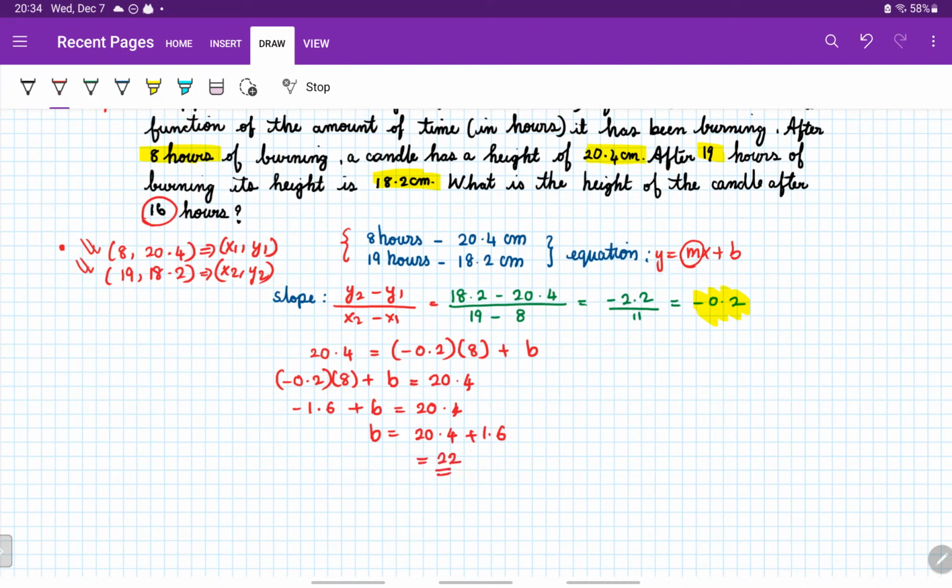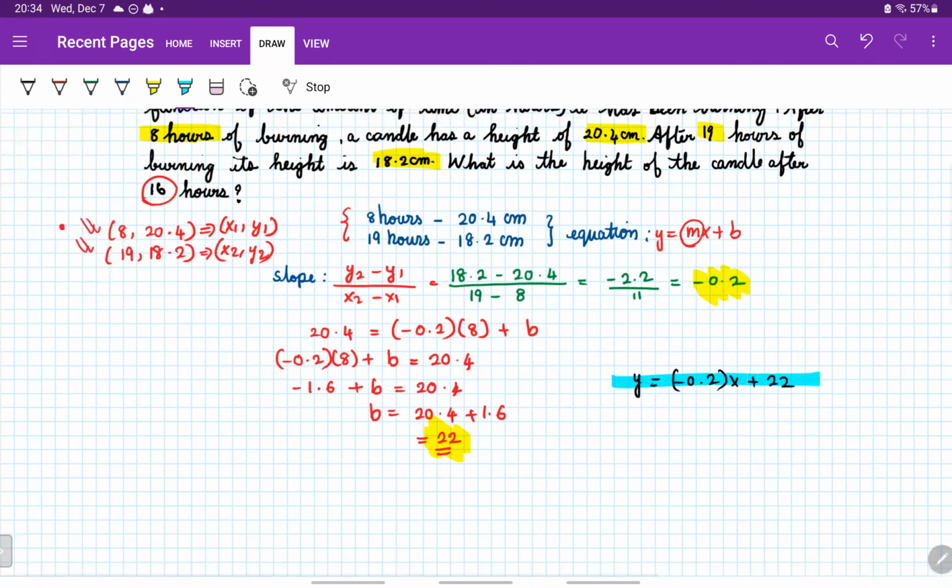So we have our b value and we have our m. So our equation here is y equals negative 0.2x plus 22. So this is our equation.